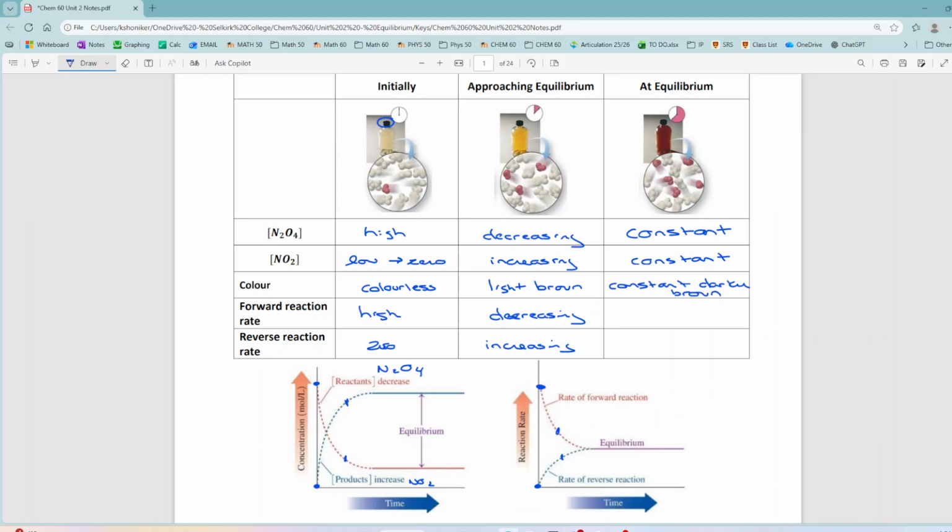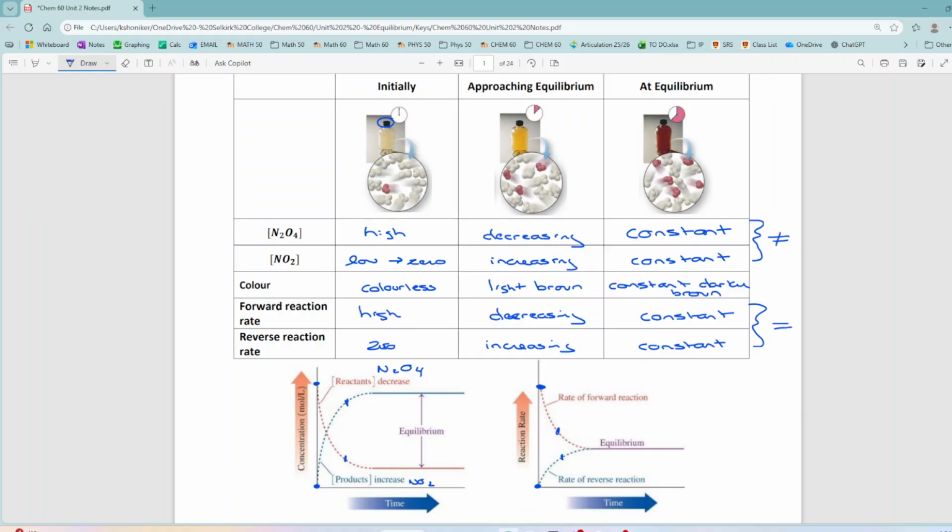And then the forward reaction rate is constant, and the reverse reaction rate is constant. Everything levels out. The other thing I want to point out is that the concentrations are constant, but not equal, whereas the reaction rates are constant and equal to each other.